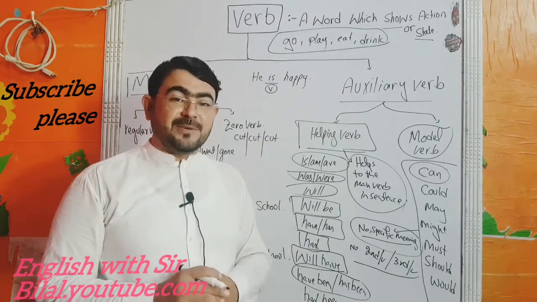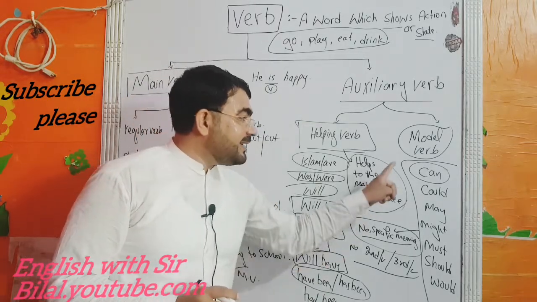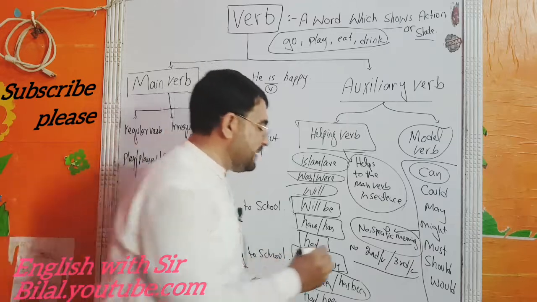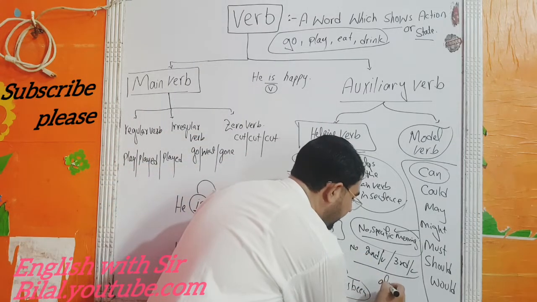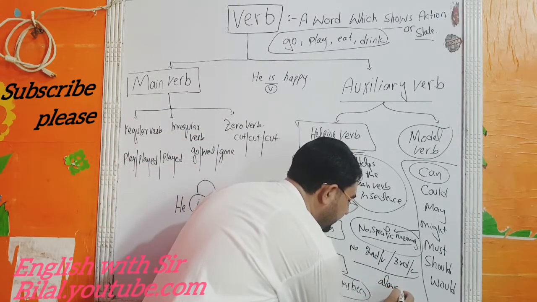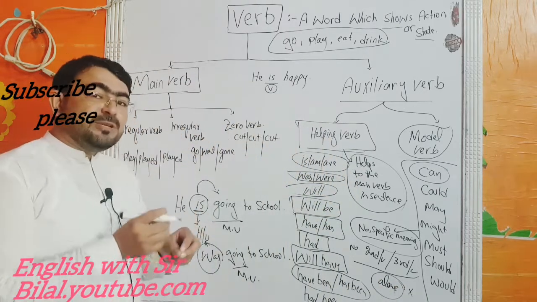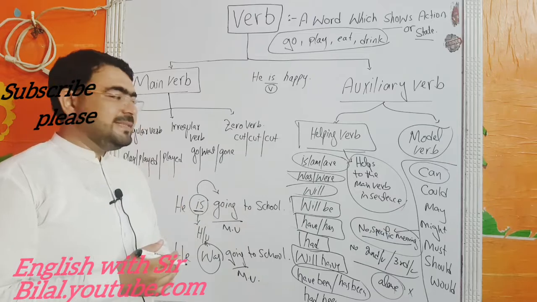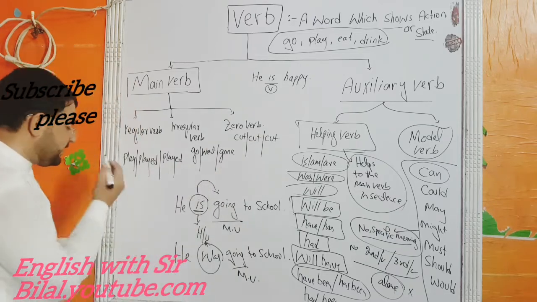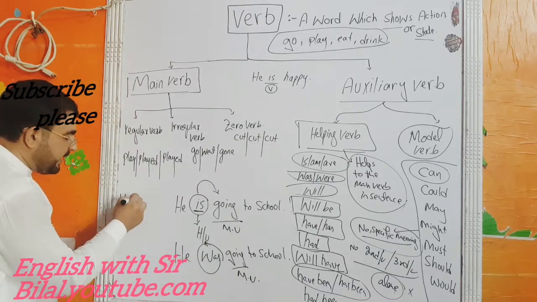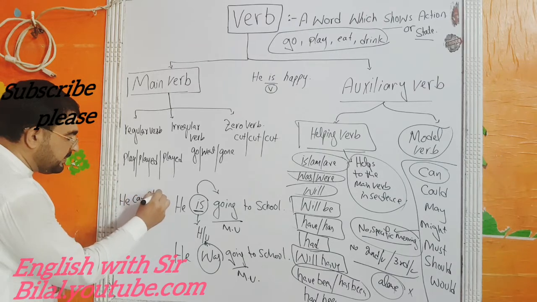And the last, which is very important, they cannot come alone in the sentence. There must be a main verb in the sentence with the help of the modal. For example, he can play cricket.